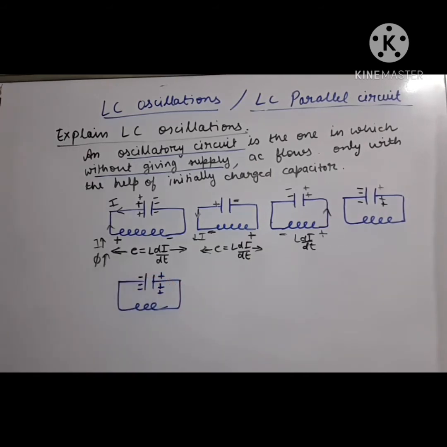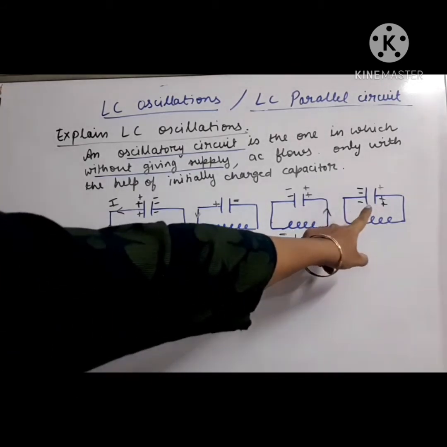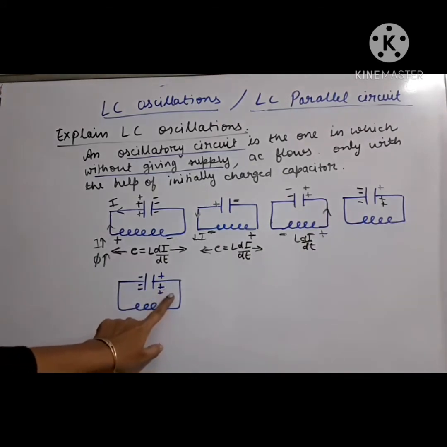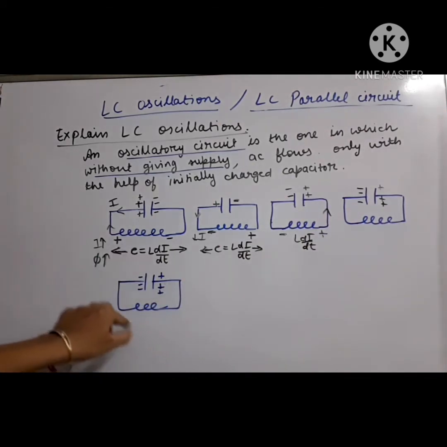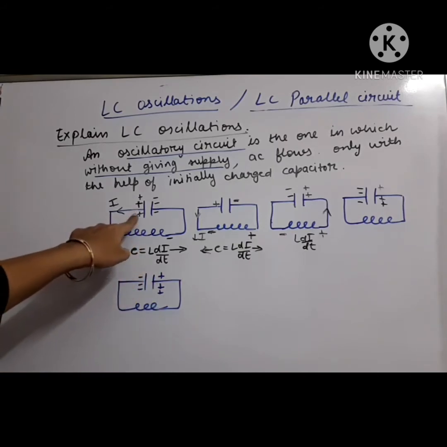Now see in this fifth diagram what will happen next. The capacitor has become charged again, so the capacitor will again supply the current and the same process will take place like it started here.